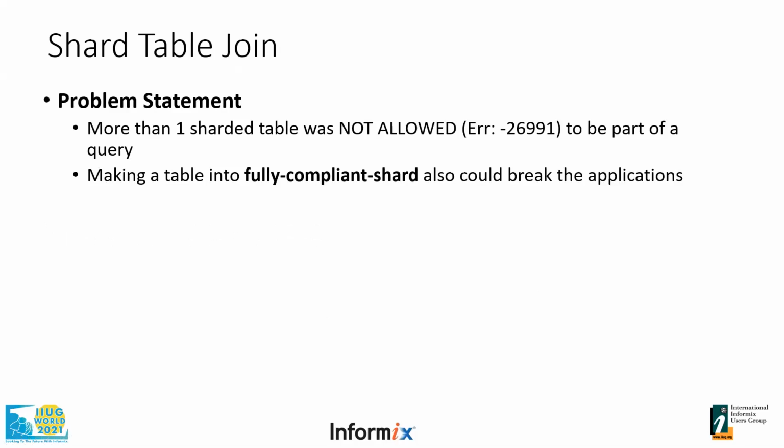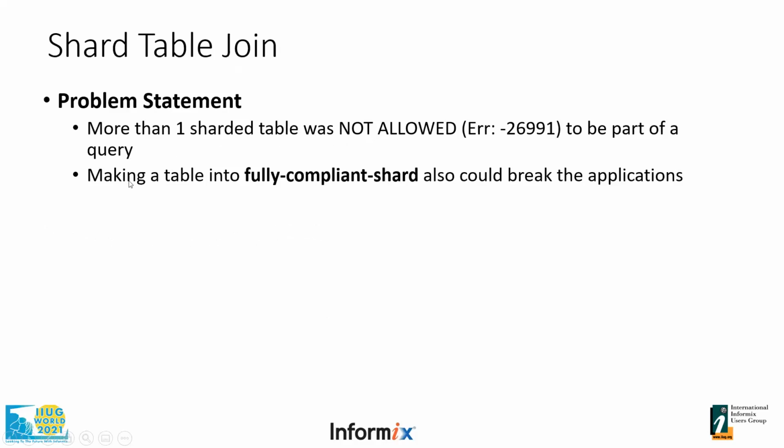If in a query I use multiple sharded tables, pre XC6, or even pre 14.10, it was throwing an error like this: not more than one sharded table is allowed in a query.